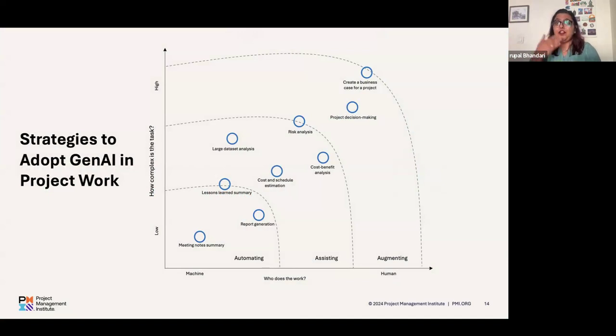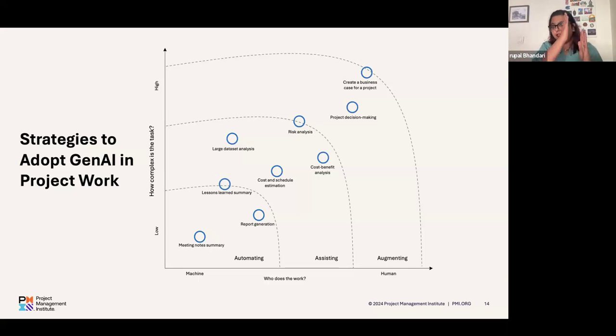Like I promised, we're going to go on a task by task level. So with our research, we found what you see on the screen today. It's essentially a broad way of how project professionals can start tapping into AI. What you see is a graph, which essentially is about strategies to adapt AI in project work. You have 3 circles here.